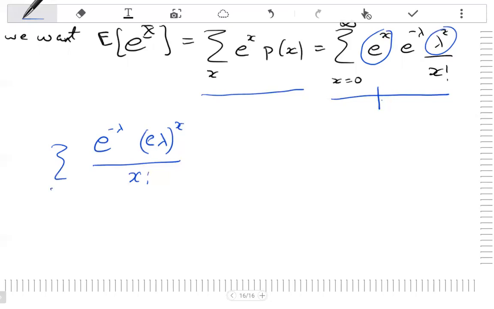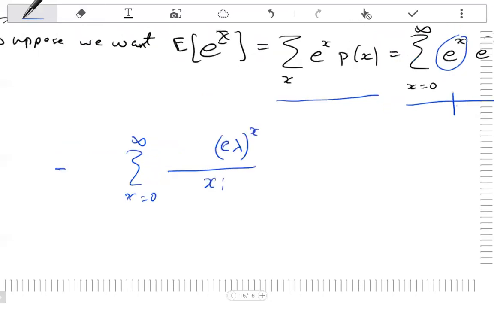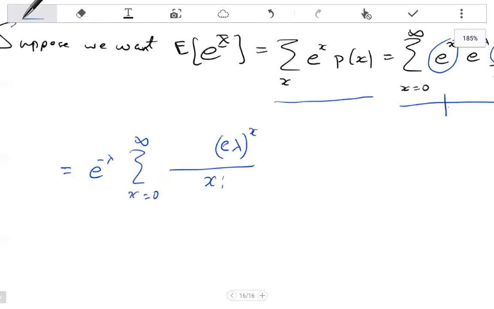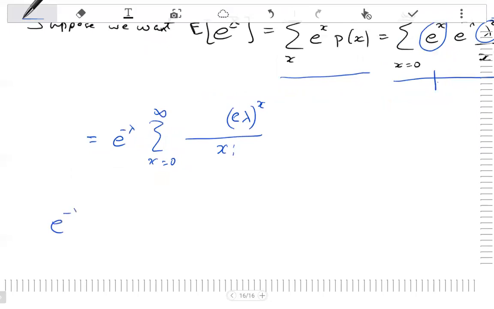Now, suppose we take this e to the minus lambda outside. So we have e to the minus lambda here. Now, we're almost back to the original probabilities. Remember, the original probabilities were e to the minus lambda, lambda to the power x divided by x factorial, except here we have e times lambda to the power x.